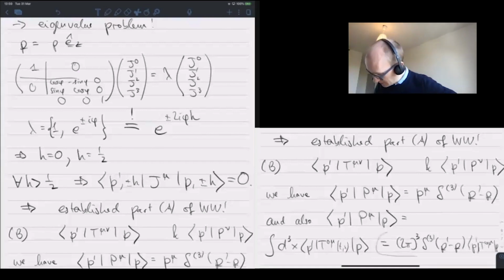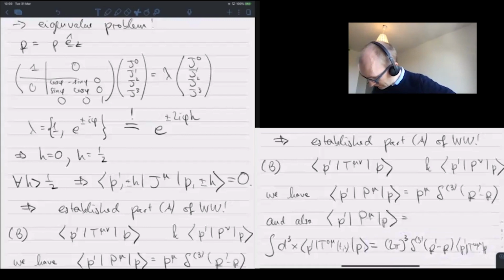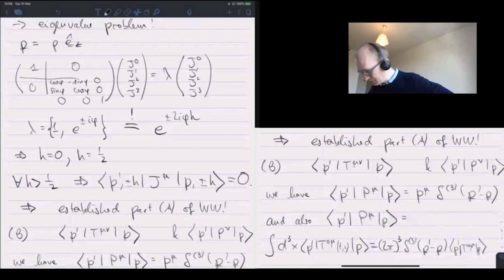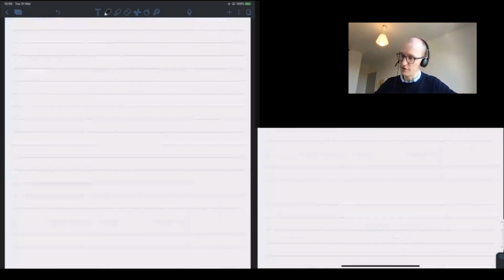So p primed, T0 mu, p. It's exactly the same argument as we did before, except previously we had J0 there, which was the charge Q, and now we have T0 mu, which is the charge P mu, if you want the charge corresponding to energy and mass.